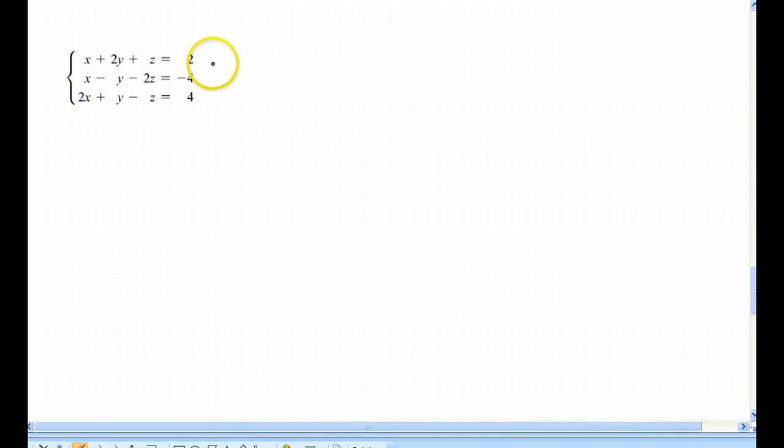So I'm going to use these two equations right here, and I'm going to multiply the top equation by 2 to get a 2z and a negative 2z. Now we can do that, you're just multiplying both sides of an equation by the same number. So I get a 2x, a 4y plus 2z equals 4.